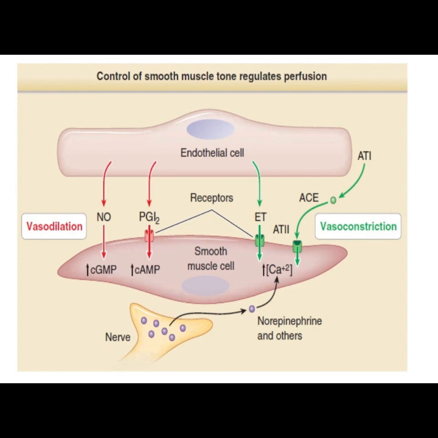Nerves may release neurotransmitters that also bind to G-protein-coupled receptors to increase cytosolic free calcium and actomyosin contraction. Increased actomyosin contraction shortens the length of the smooth muscle cells, which are arranged radially, thereby reducing the vessel lumen diameter and increasing resistance to flow.